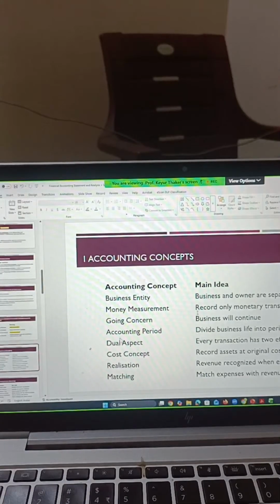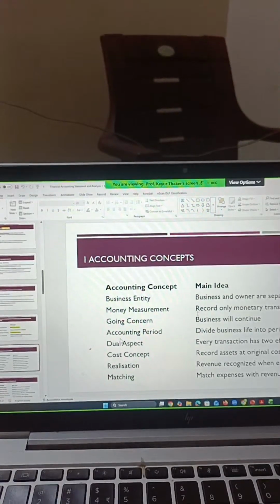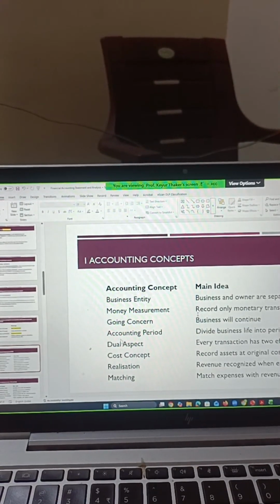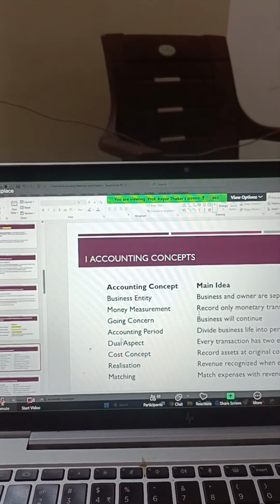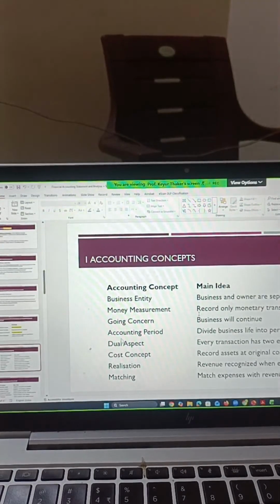We don't write how many machines we have. We say the value of plant and machinery. Similarly, we don't say the number of labor or number of hours put in. We say how much employee expenses we incurred. So we measure everything in monetary terms, not in non-monetary terms.